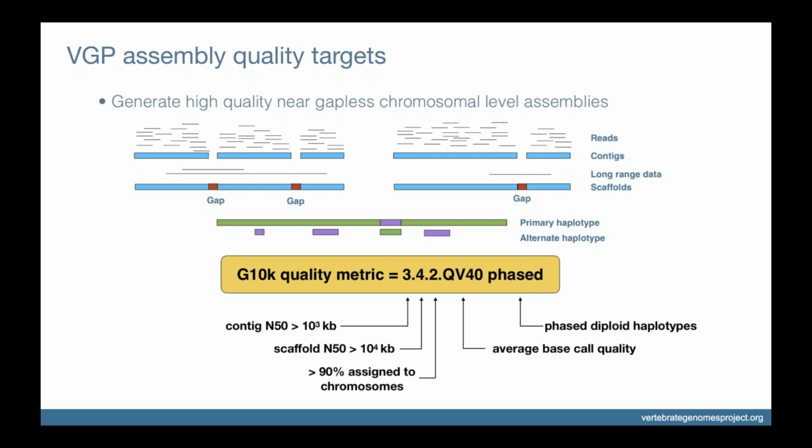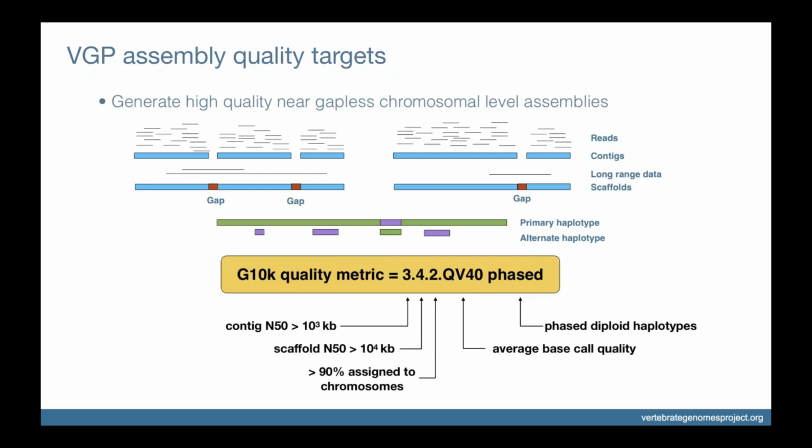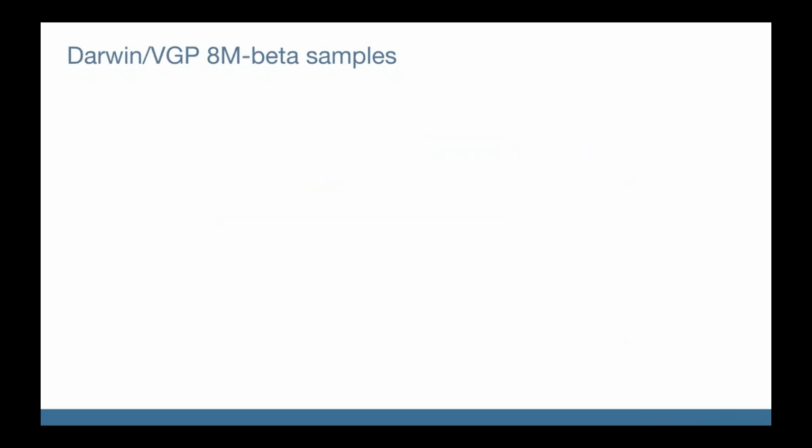And then importantly, also getting base call quality above QV40, and trying, as much as possible, to get diploid haplotypes out of the assembly process. So we're in the phase of trying to scale up these assemblies if we're going to meet the goals of these projects.